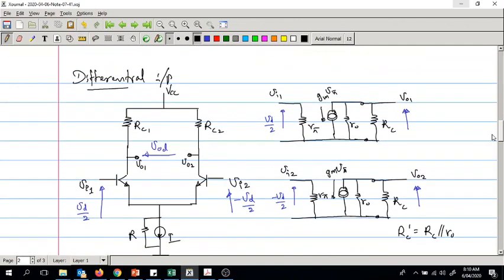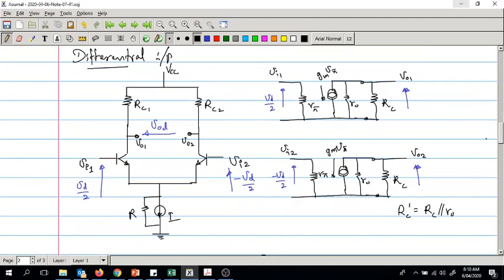Let's use a new page. Common mode signal. Now what is known as a common mode signal? Any signal that is common to both the inputs, right? So I'm using some trick here.